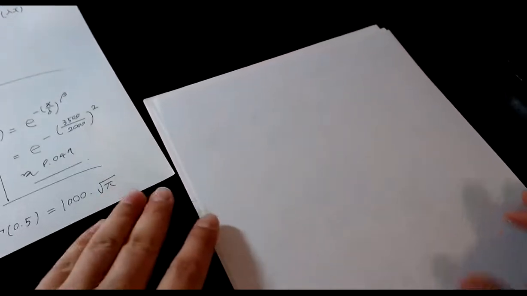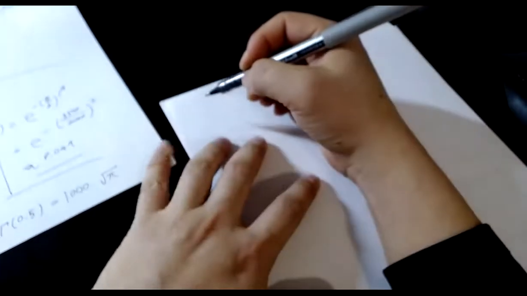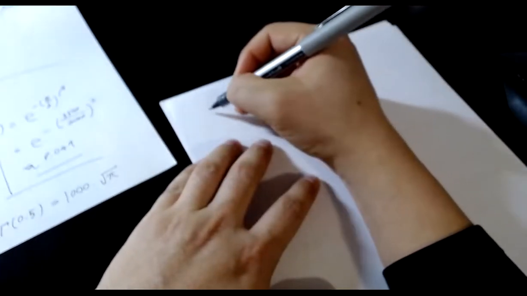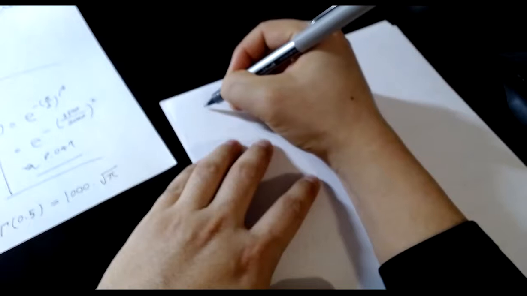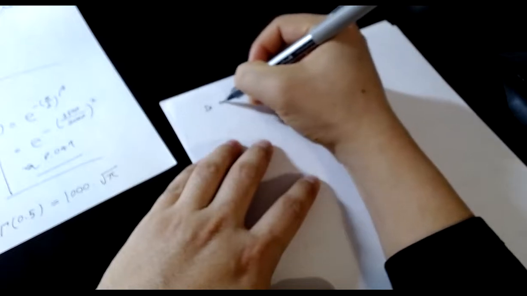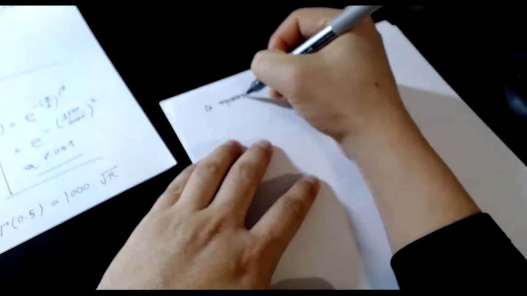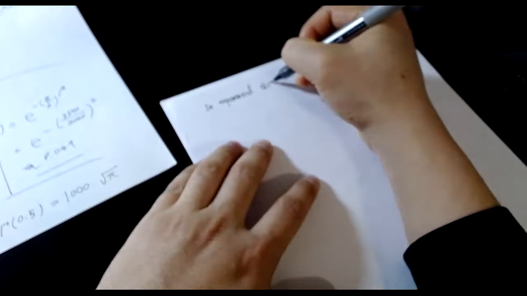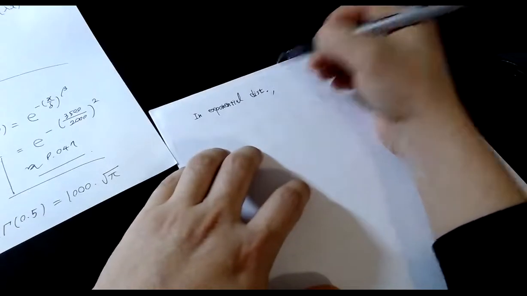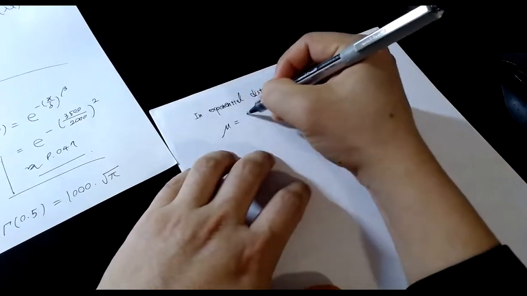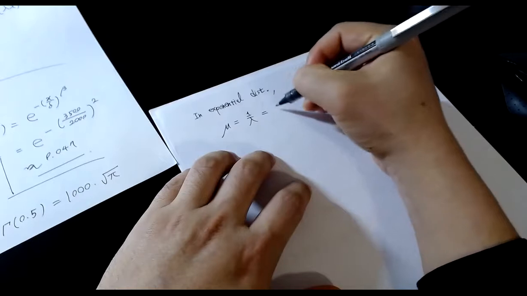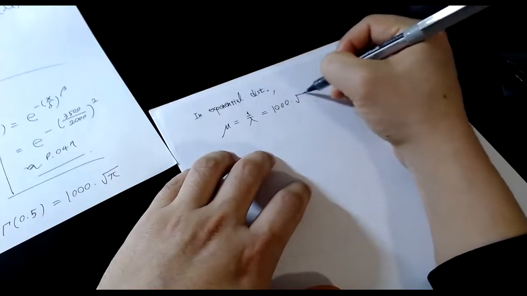In the exponential distribution, the mean is 1 over lambda, so this must be equal to 1,000 times square root pi.